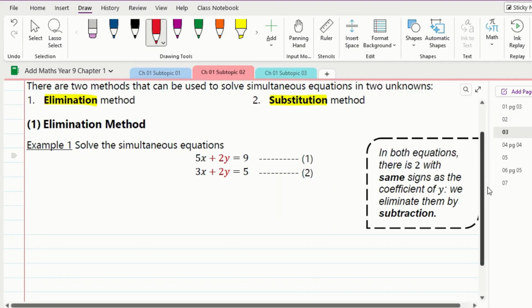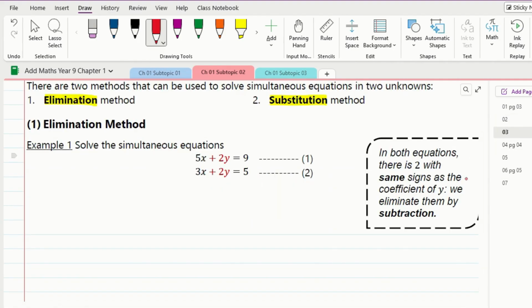In example 1, the two equations are 5x plus 2y equals 9, and 3x plus 2y equals 5. You must notice that there is a 2 with the same sign as the coefficient of y.